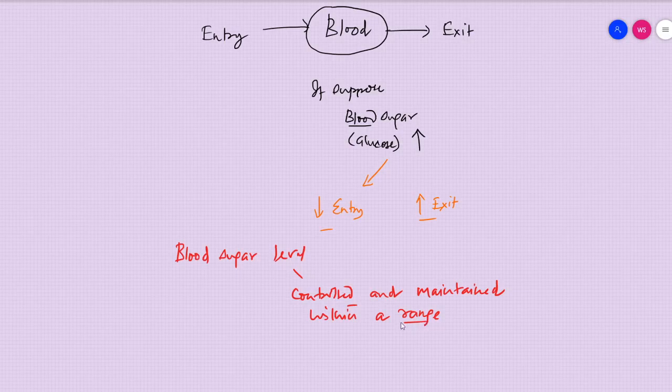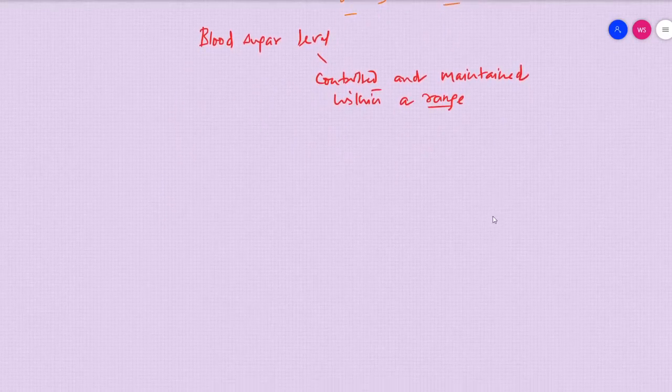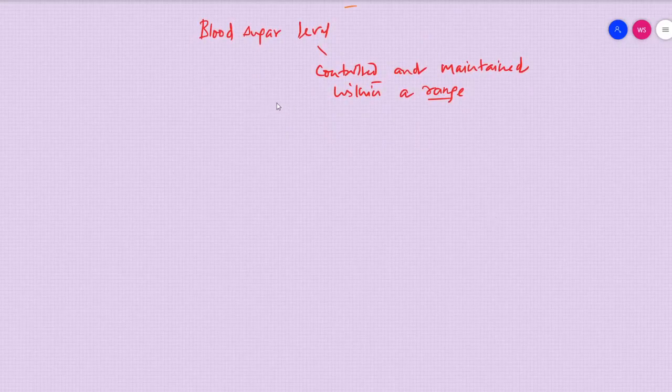What is that range? We'll be discussing the numerical range later on in our lecture. But for now we understand that blood sugar level is controlled and maintained within a range, and this maintenance is called glucose homeostasis.